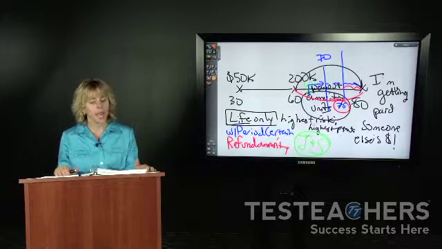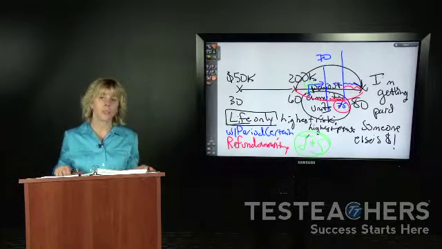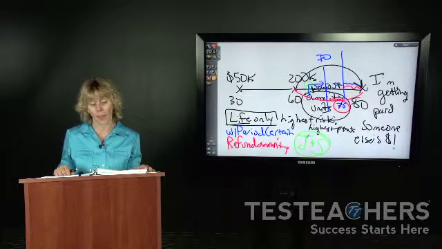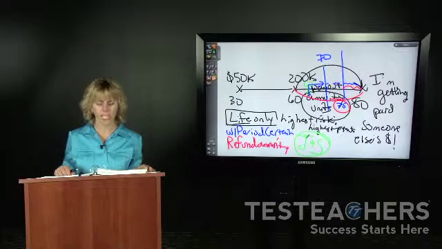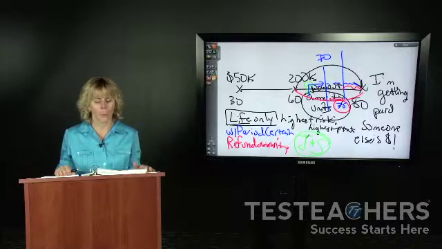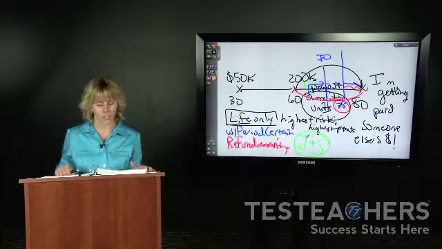So how do we know exactly how much money someone's going to get in their annuity payments when they annuitize? It really depends upon a lot of different factors.